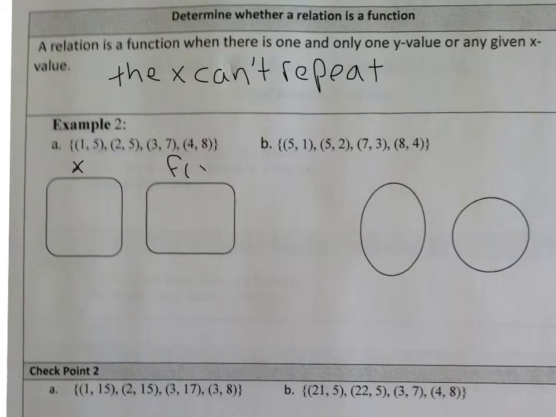They're also called f of x, which is the same as y. Y and f of x are the same thing. So we're going to write them down in a column. For x, we got 1, 2, 3, and 4 again. And for y, we've got the 5, 7, and 8.